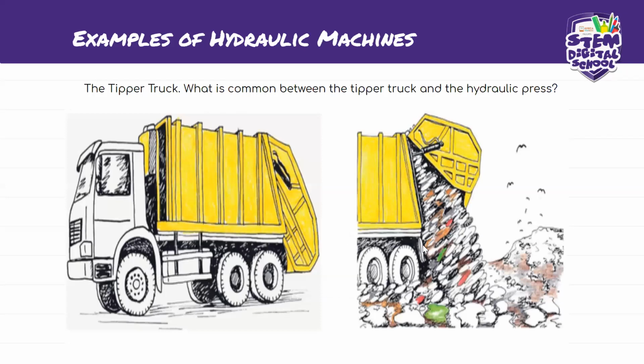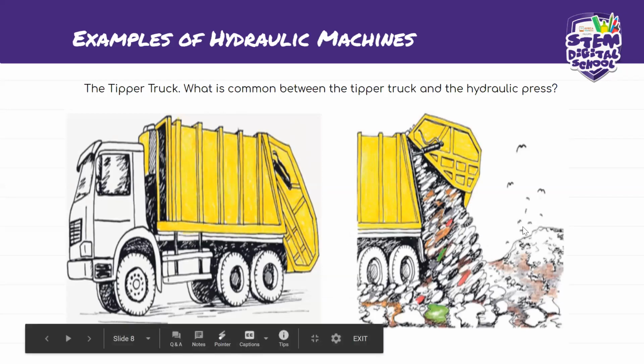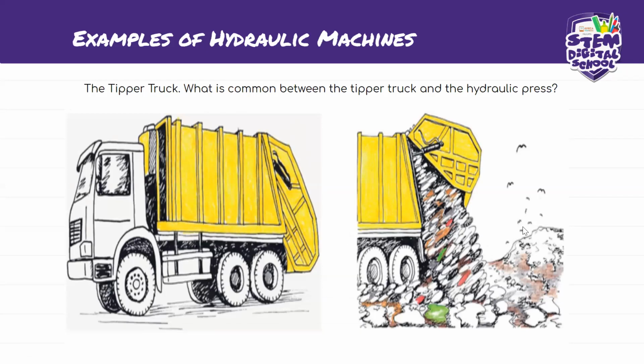It is to compress the garbage so that it can be stored inside this container for it to be disposed in the dumping site. So you now know that there is a hydraulic press inside the tipper truck. Did you all know that before? Yes, ma'am. From our previous lessons, isn't it?